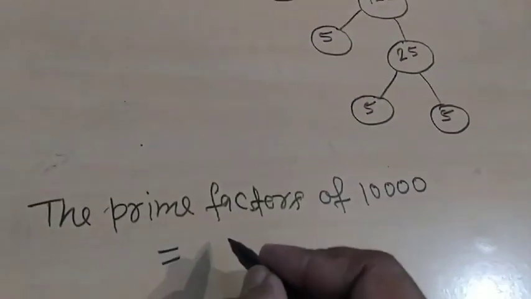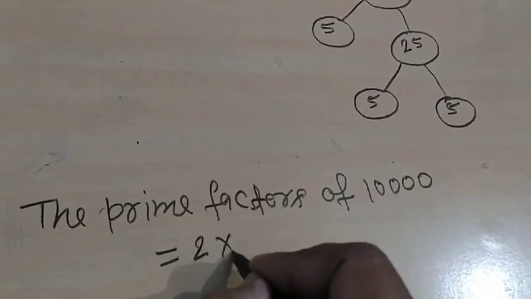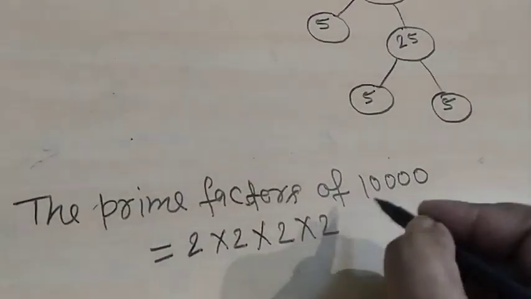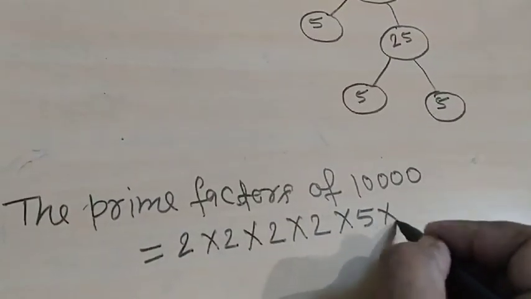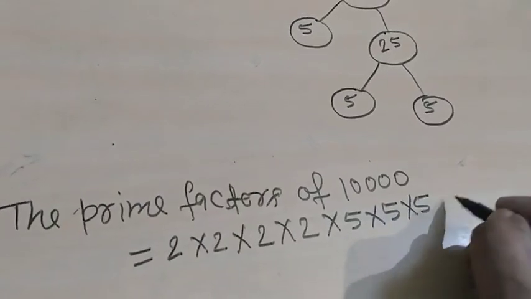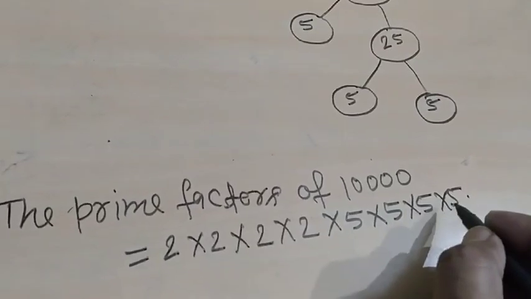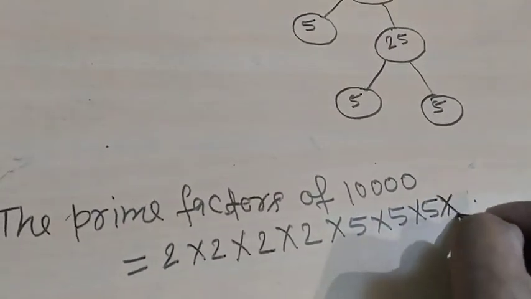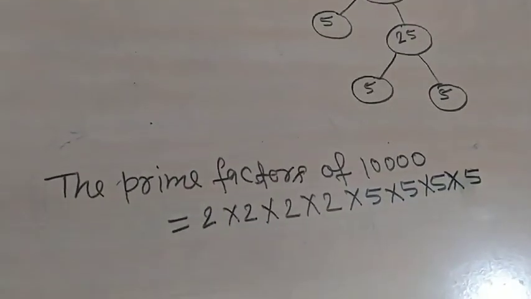So the prime factors of 10,000 are 2 into 2 into 2 into 2, 4 times, into 5 into 5 into 5 into 5. How many times? 1, 2, 3, 4. This is the prime factorization of 10,000.